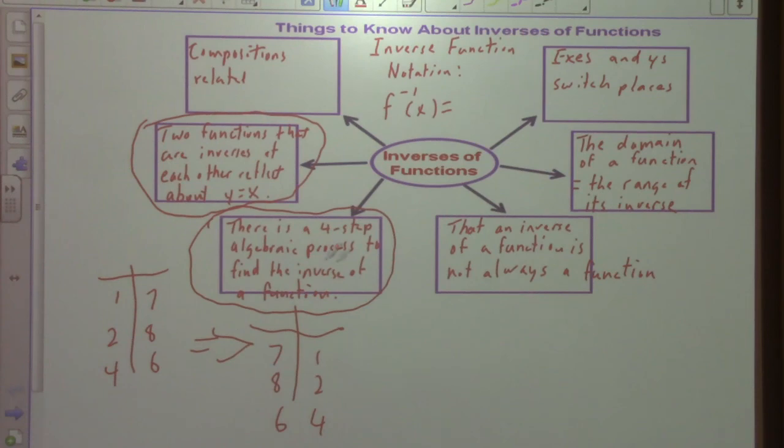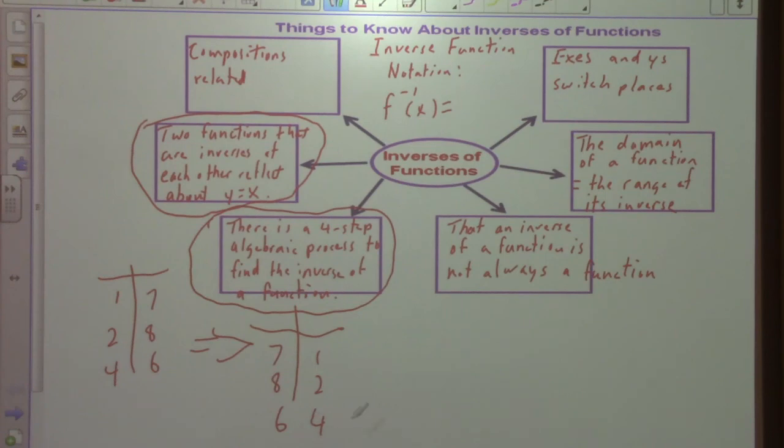But we're going to spend most of our time on these two circled ones. And I'm briefly going to make a demonstration now of that. What's that say? Yeah, the very top left: I just put compositions related. I'm not going to go into detail on that right this second, maybe later. But that's one we'll cover more in pre-calculus.